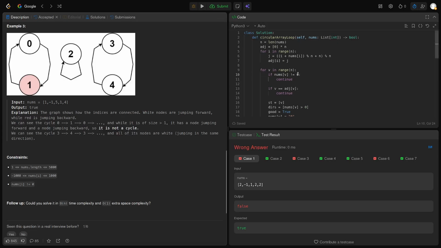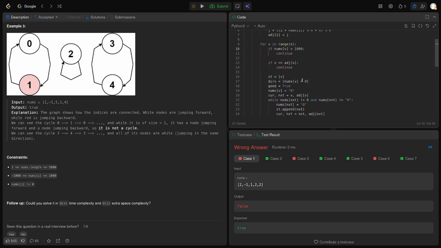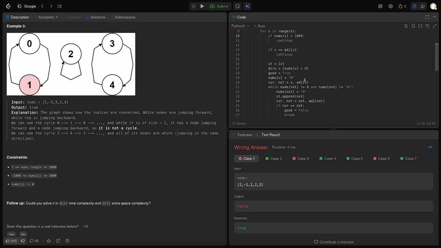This, so if we use... that means visit, so it's visited, right? So if the value is over 1000, right, then we continue because it's already done. I mean, the directions will be broken, I guess.